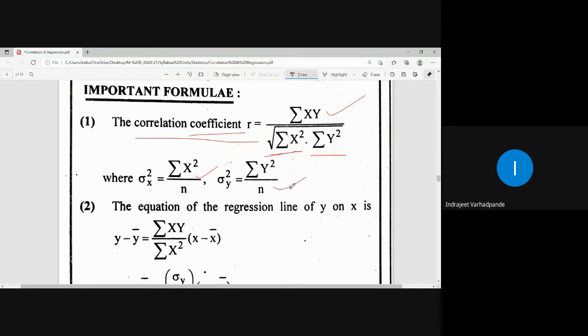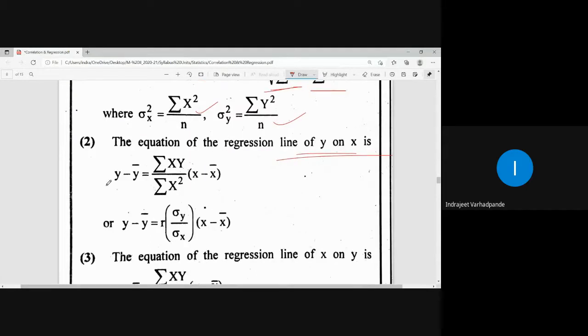The equation of line of regression y on x is y minus y bar is equal to, I told you y on x means in the denominator it will be summation x square, so it is summation xy upon summation x square multiplied by x minus x bar.